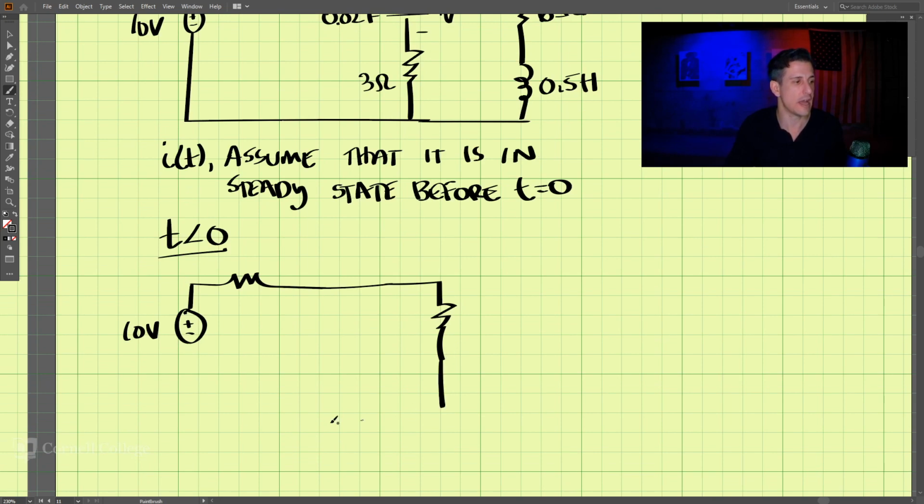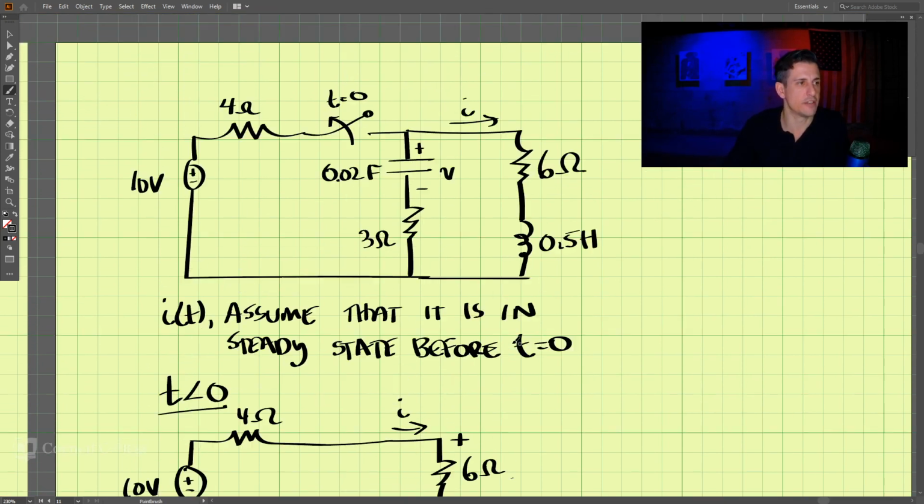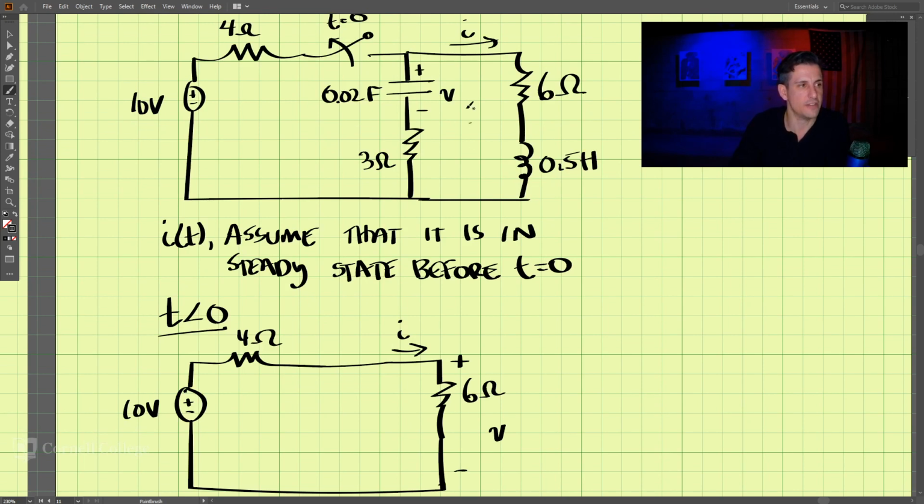So we have something like this. And this is I, and this is 6 ohms, this is 4 ohms, and the voltage across this resistor is V. So it's the same here, right?